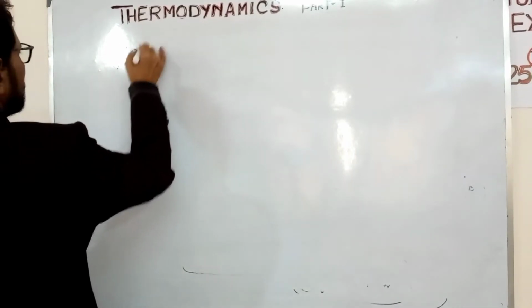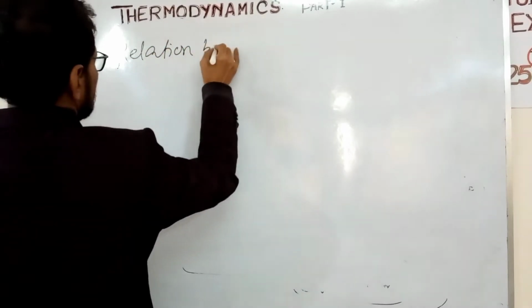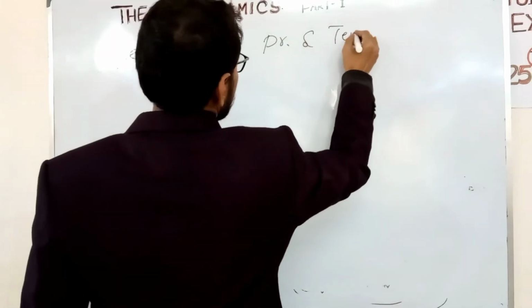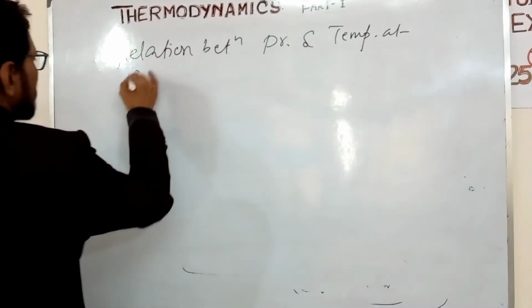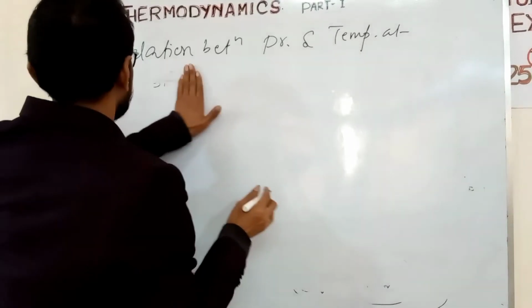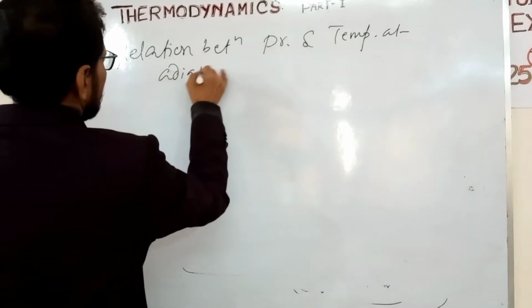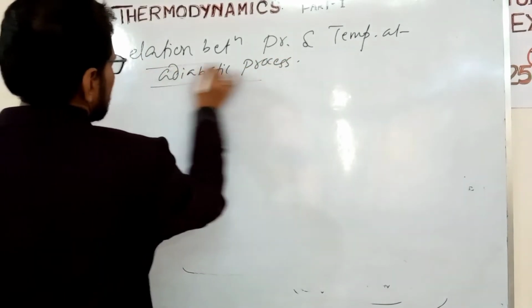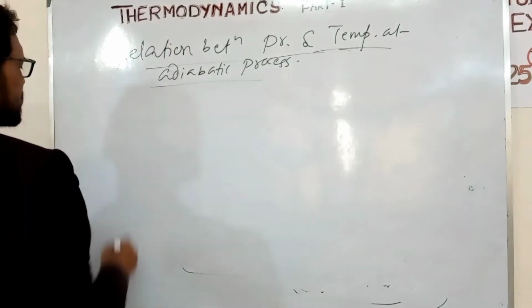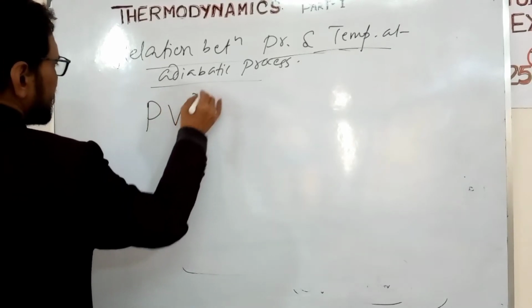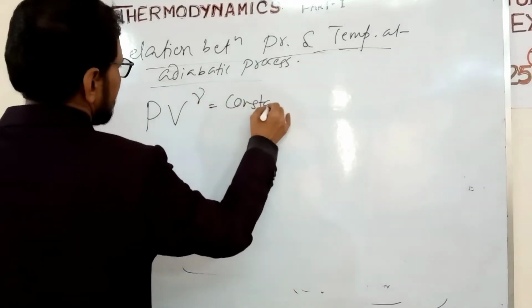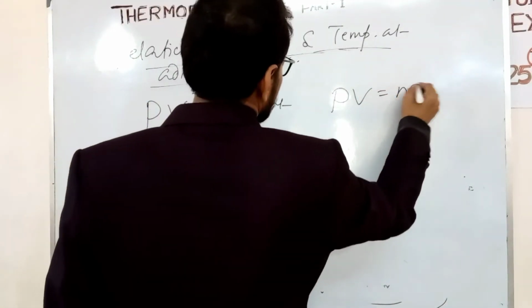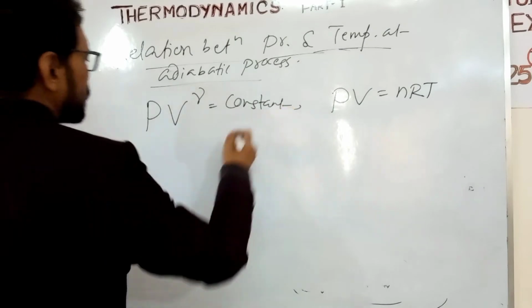Now the relation between pressure and temperature in an adiabatic process. We know P V to the power gamma equal to constant in an adiabatic process. Now PV equal to nRT is the gas equation, which holds for any process.